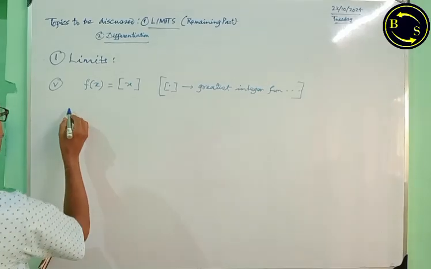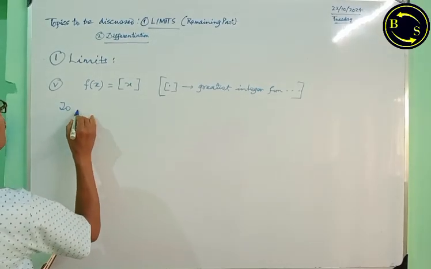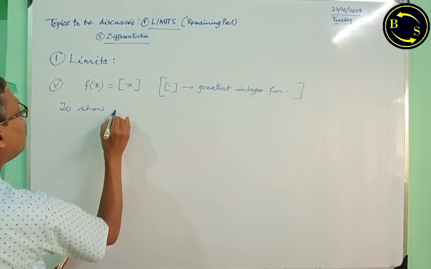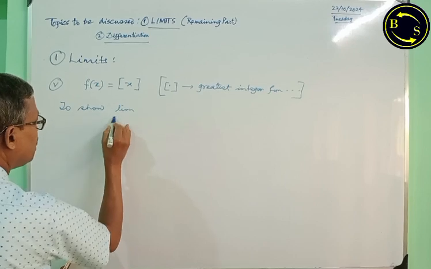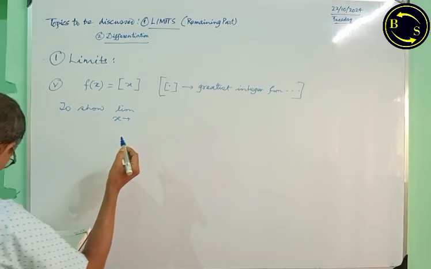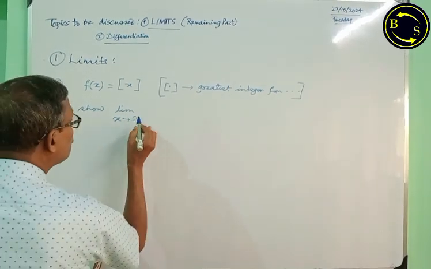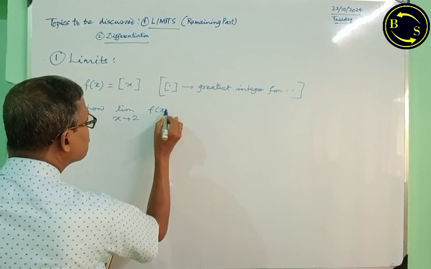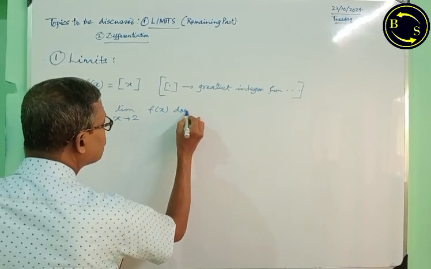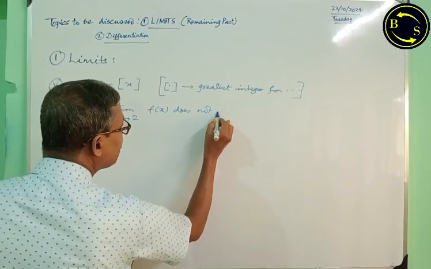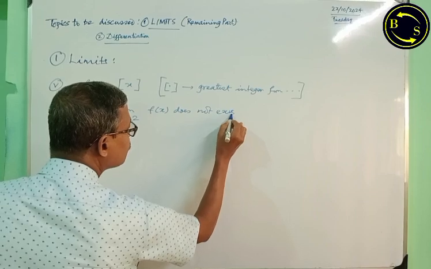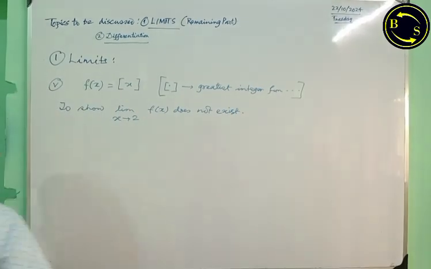Now we have to show limit x tends to 2 of f(x) does not exist. How?